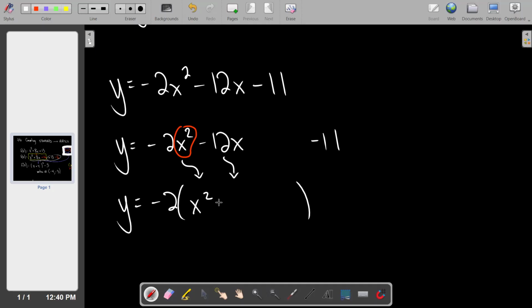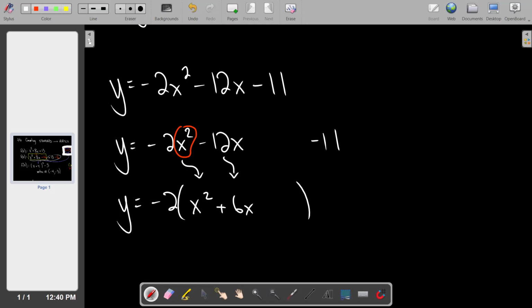No, it's a plus 6x. And remember, when you pull a negative out, dividing by a negative has the same effect as multiplying by a negative, right? So that's why we have to change the sign of that 6x. So plus 6x is in the middle.